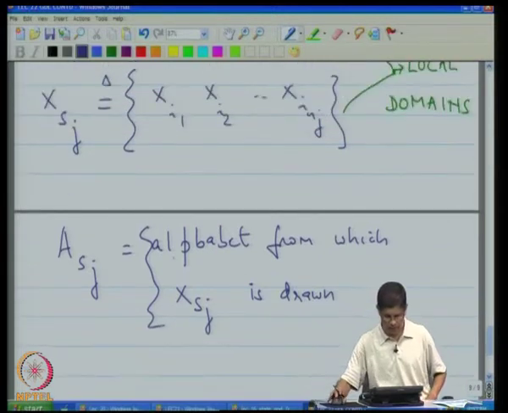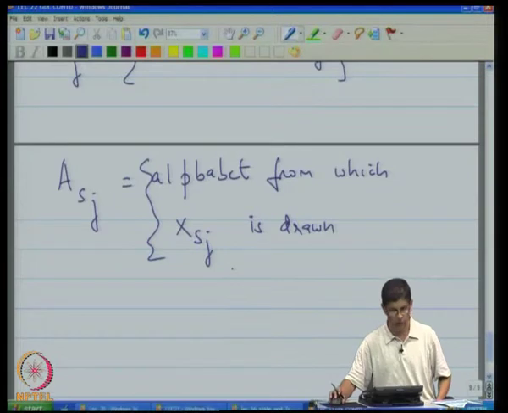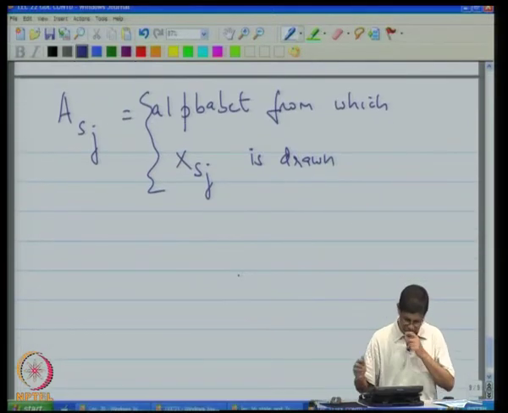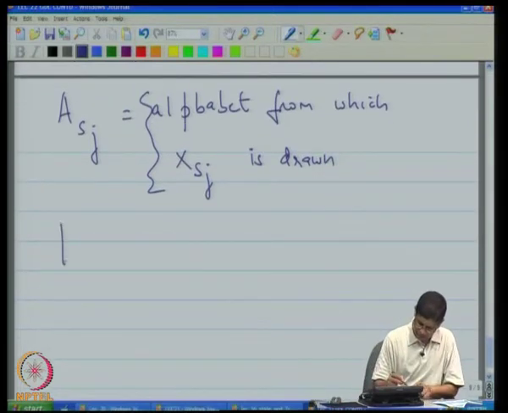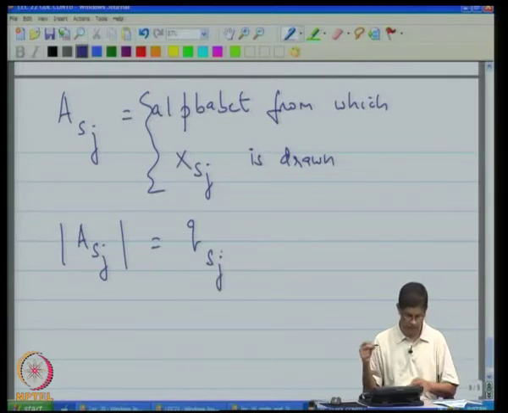Now, it may look a little bit confusing, the notation, but as we look through examples, it will actually turn out that it is not complicated at all. And similarly, if we want to refer to the size of this alphabet, we will simply write q_{S_j}.